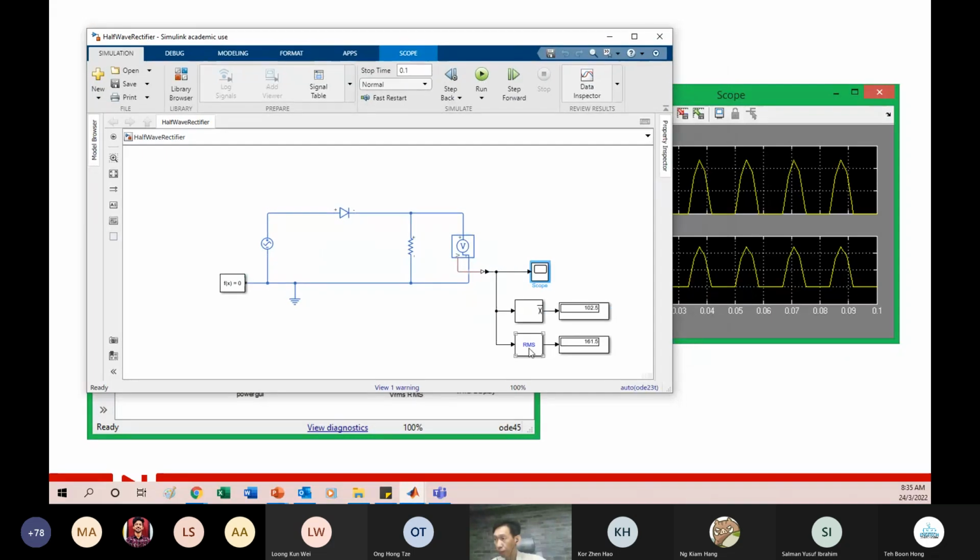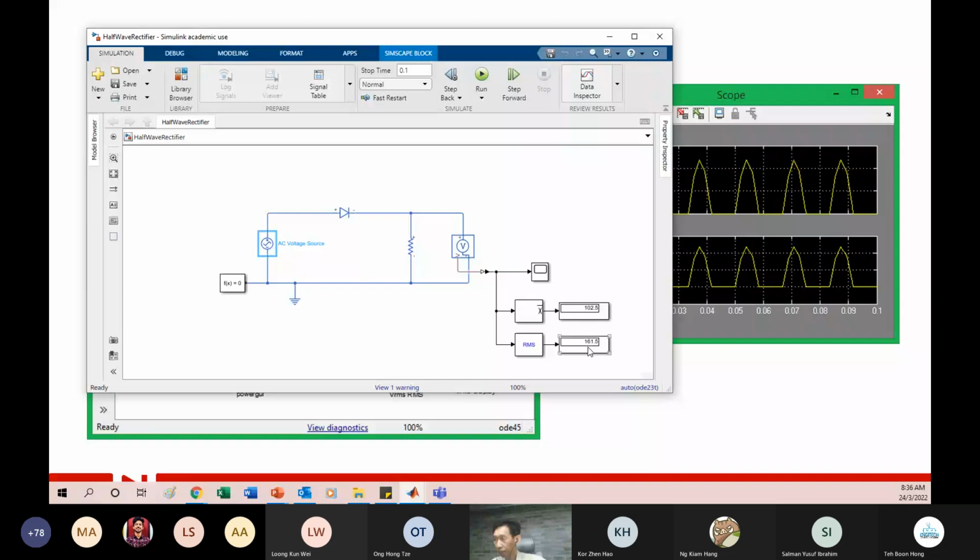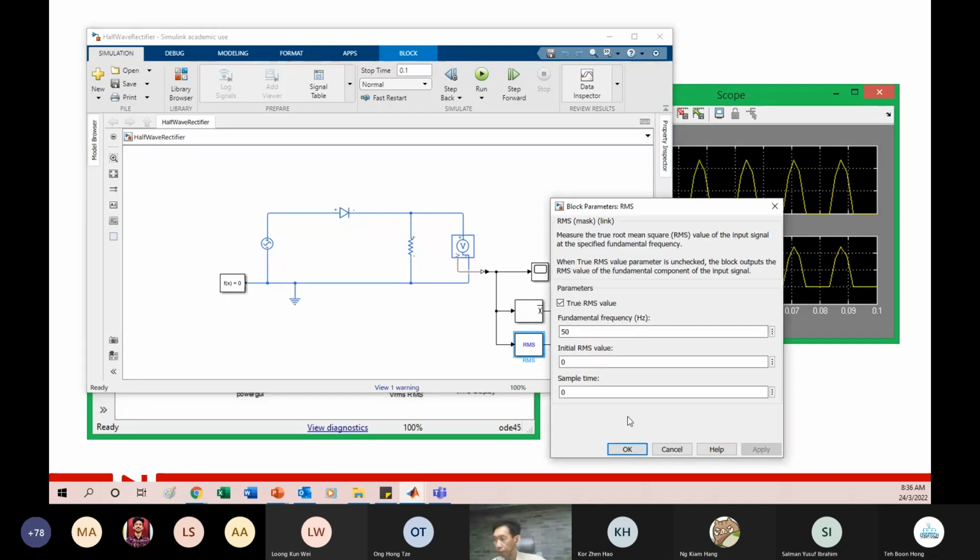So RMS is basically divided by 2. You can see that the peak is 325, so divided by 2, roughly is 161. Also remember for the RMS, you have to set the frequency to 50 Hertz.